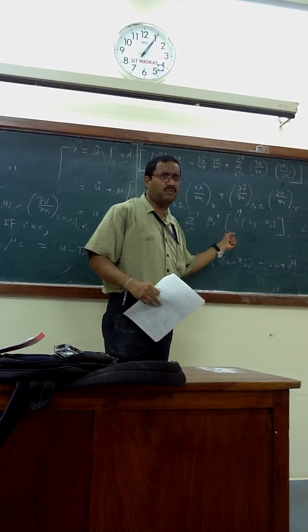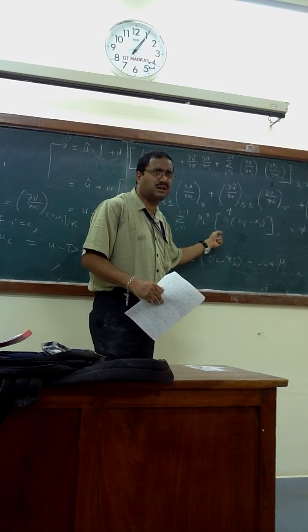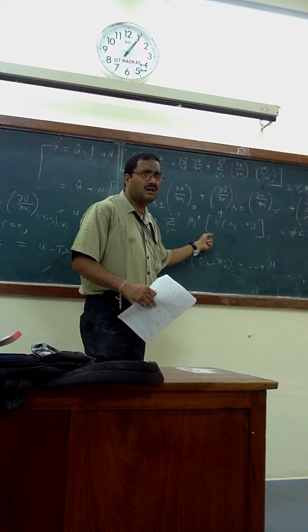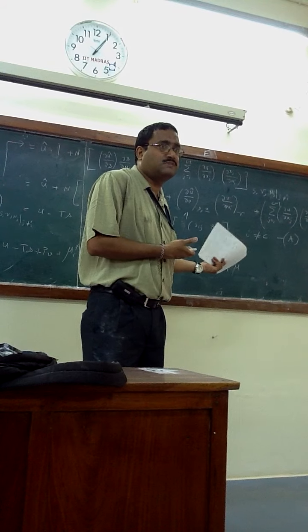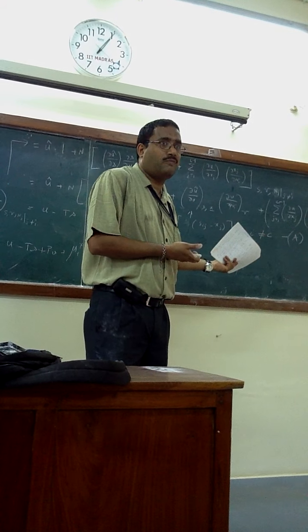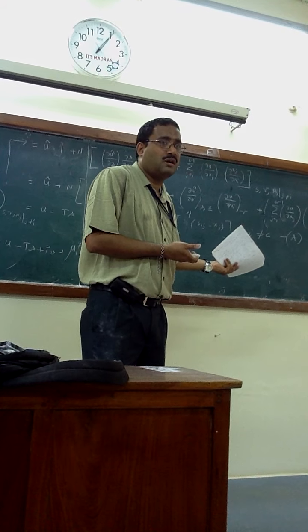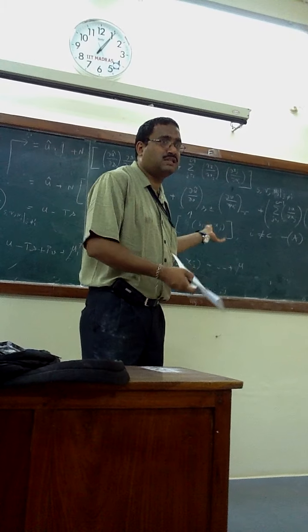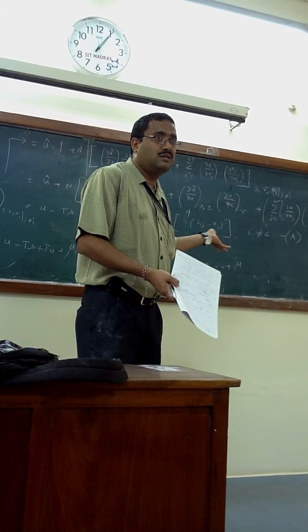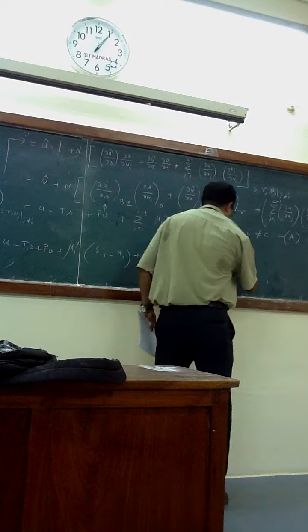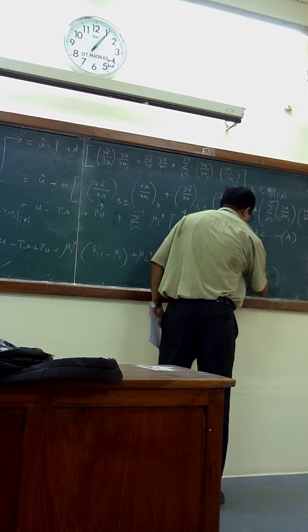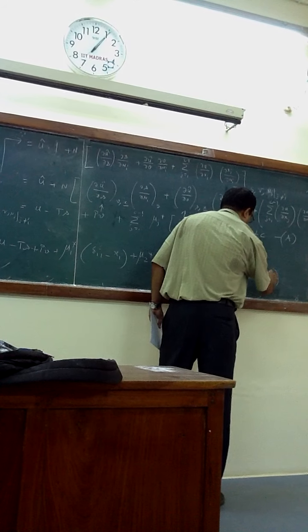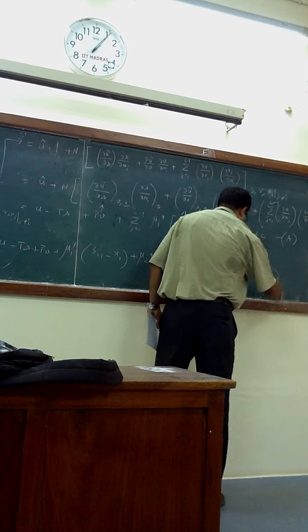I think you are having some problem with the index. The last term is mu C minus 1 star, times (delta I, C minus 1, minus x C minus 1). Okay?